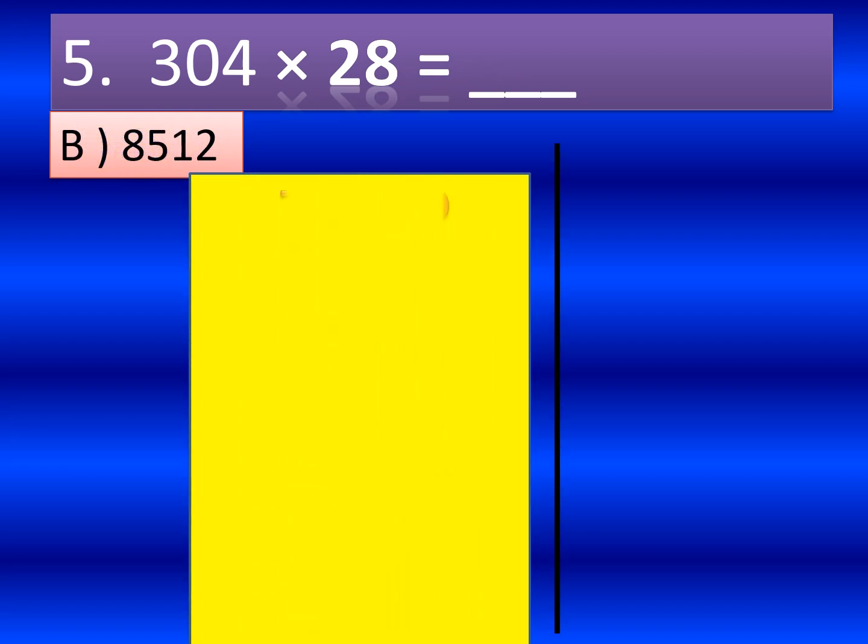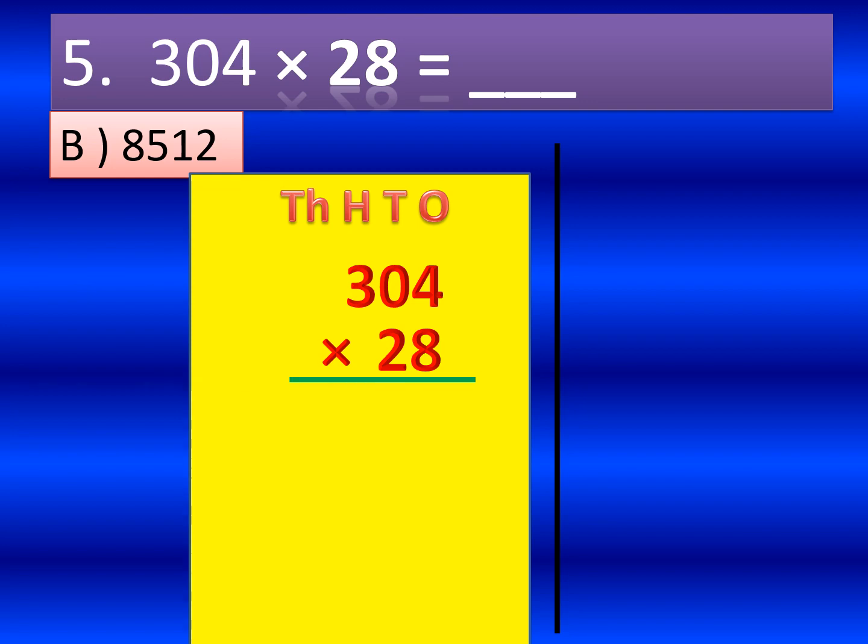Let's see how. First, let's write the places: thousands, hundreds, tens and ones. Now let's write the first number 304. Next the second number 28. Multiplication symbol. Then let's start to do the multiplication. Let's start with the ones place numbers first. So 8 fours are 32.